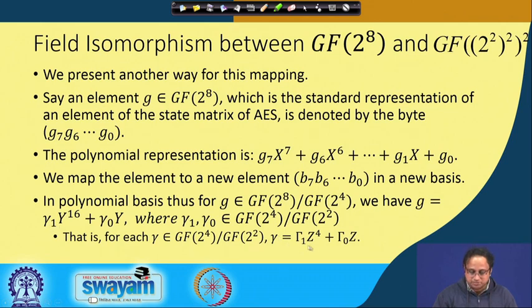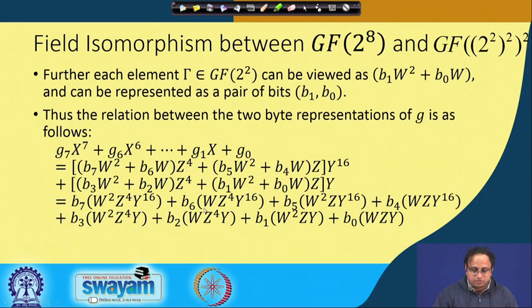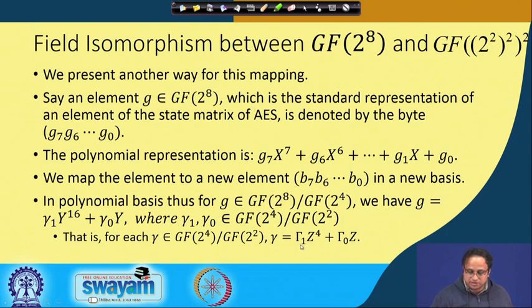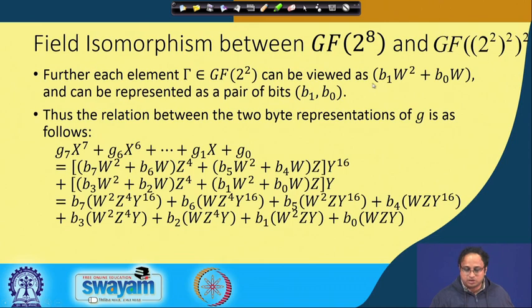So I can express them as capital gamma 1 z power of 4 plus capital gamma 0 z, and likewise. Furthermore each of these elements like gamma will be an element in GF(2^2). So I can write this as b1 w square plus b0 w, where each of these b1 and b0 are my bits, with 0, 1 values.